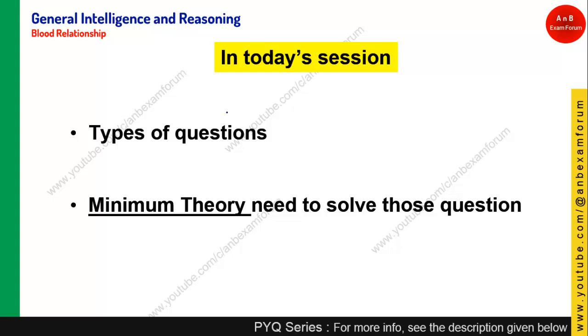What is the minimum concept that you should know, we are going to cover in today's session. The next one is the tricks for each type. If you know the minimum theory, obviously you can solve those questions, but for each particular type, how should you go about it? All those tricks we are going to give at the end of today's session. So let's begin this session.